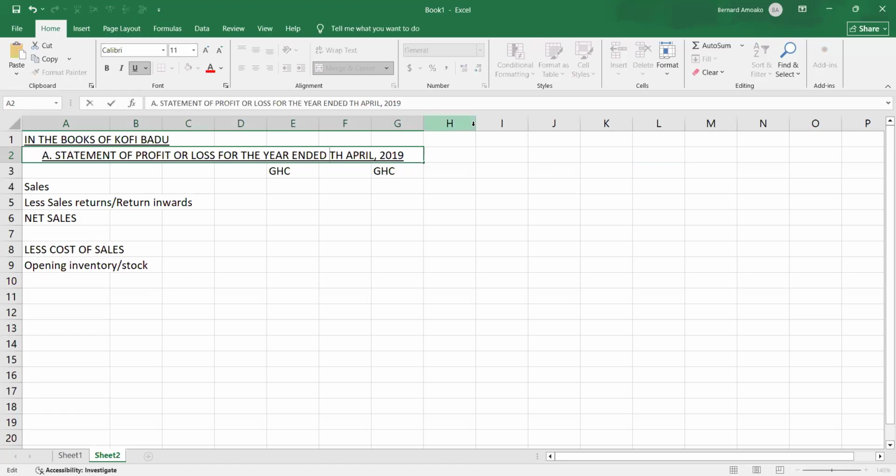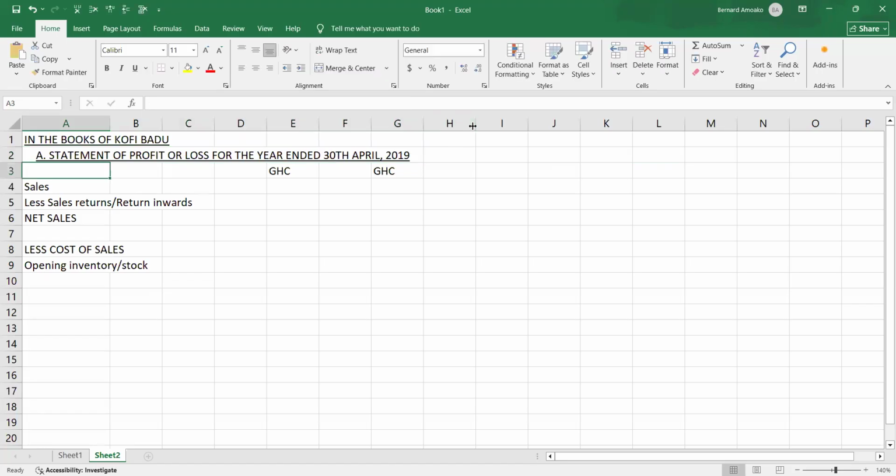Now, 30th April, which is the end of the period, means that the period began somewhere from, you did taxation, 1st May 2018, and then ended on 30th April 2019.